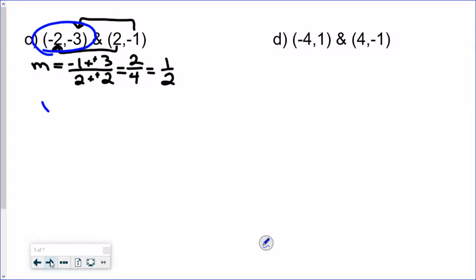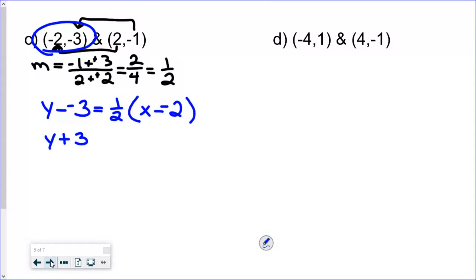I do y minus my y value. The slope, remember, is going to be the slope regardless. X minus my x value of the point I chose. So I would have to say that's actually a +3 and a +2. Now, if I want to write the red one, the second one instead, I would start with y minus -1.